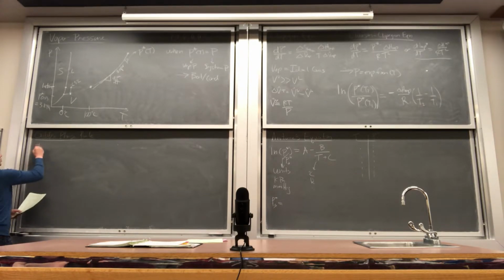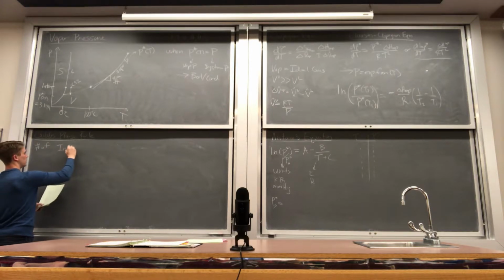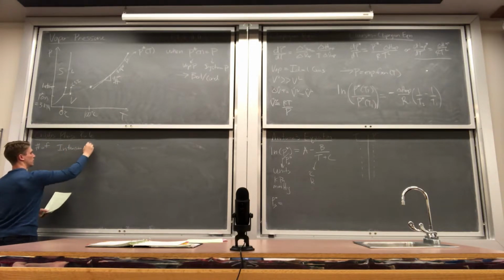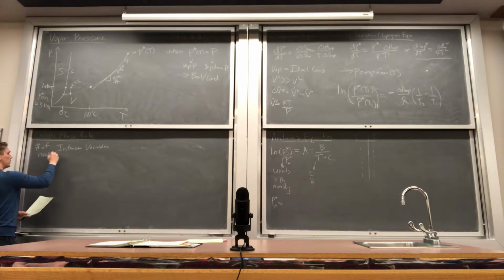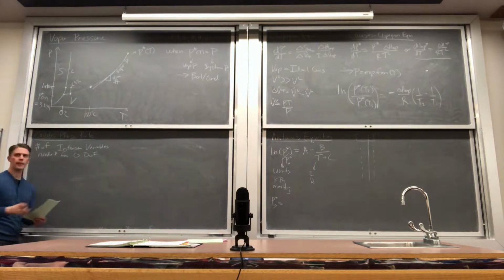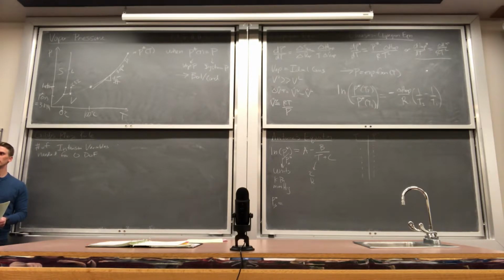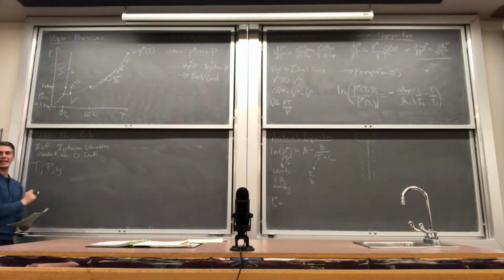This tells us the number of intensive variables. Intensive versus extensive variables. What is an example of an intensive variable? Pressure and temperature. Bingo. Temperature, pressure, mole fraction. These are all intensive.